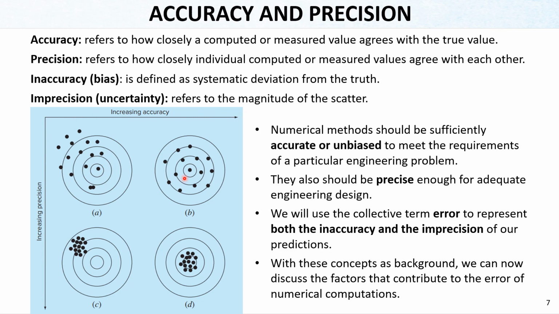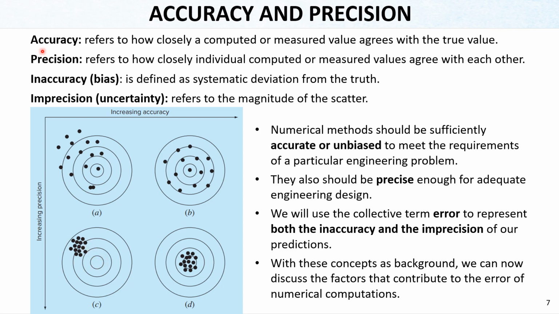So we can see simply that this is accurate, but precision is not good. This is both accurate and precise. This is neither accurate nor precise. And this is precise but not accurate because it's away from the truth.